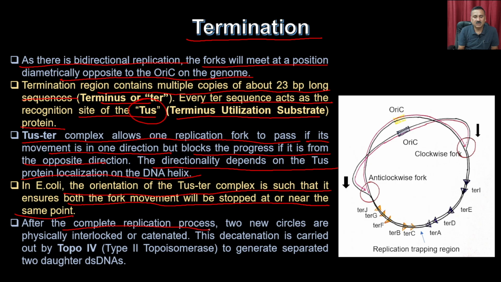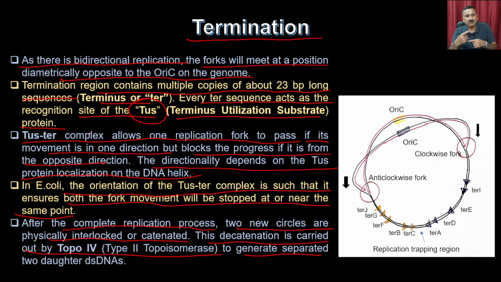After the complete replication process, the two new circles are physically interlocked, or catenated. This decatenation is carried out by topoisomerase 4 to generate the two separate daughter double stranded DNA molecules. So, termination is done at the places where you have the TER sequences, and these TER sequences are recognized by a protein called TUS, the termination utilization substrate protein.